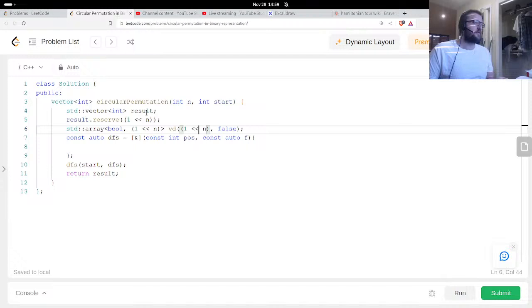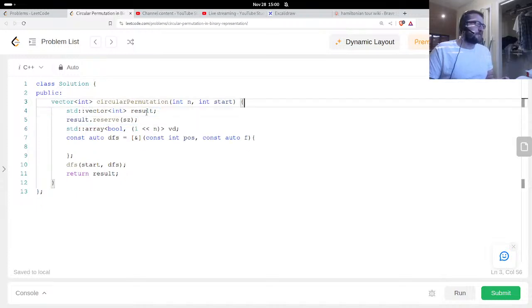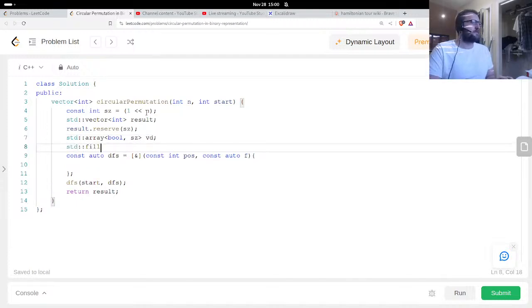There we go. And this is all going to be filled. Let's do size. That's better. Size result reserve. Also size, and then do a fill. Visited plus size, false.